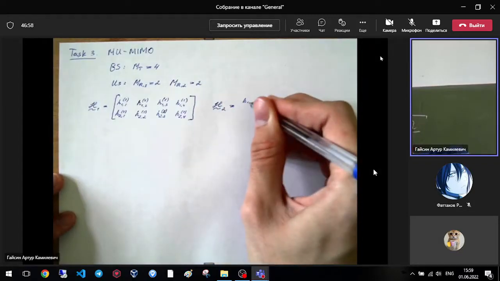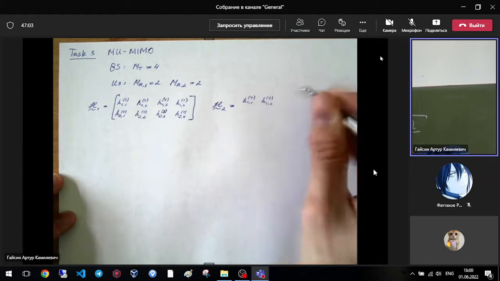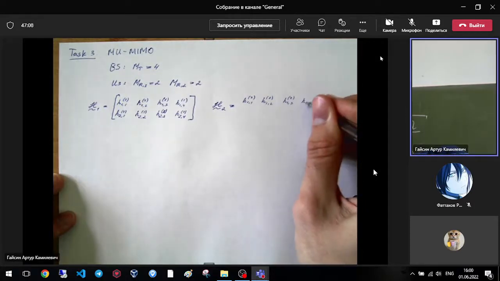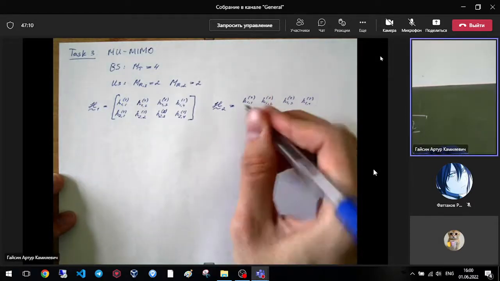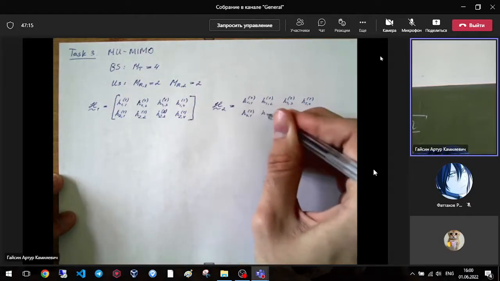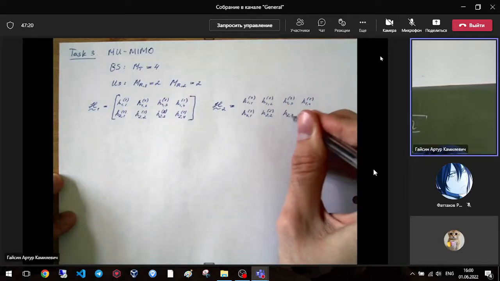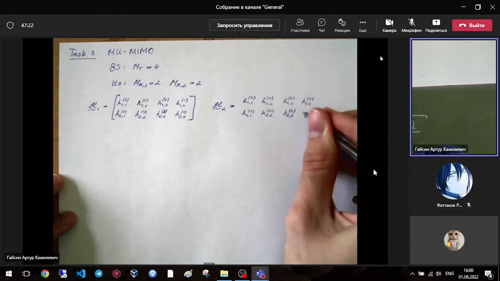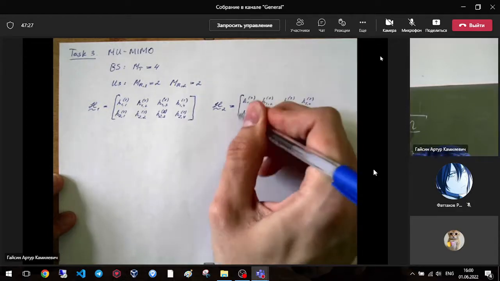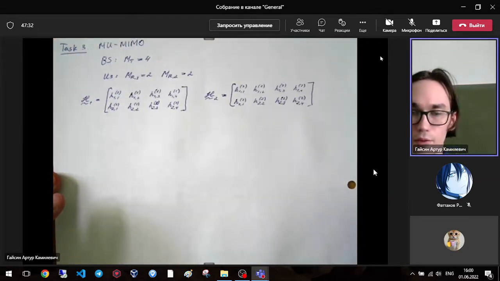So h11 superscript 2, h12 superscript 2, h13 superscript 2, h14 superscript 2, and the second row h21 superscript 2, h22 superscript 2, h23 superscript 2, and the last one h24 superscript 2. So channel for the first and the second users.